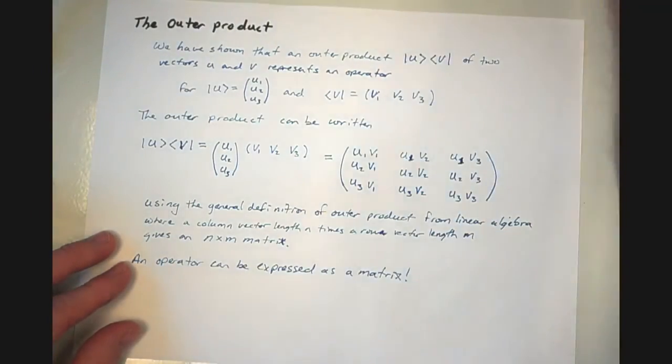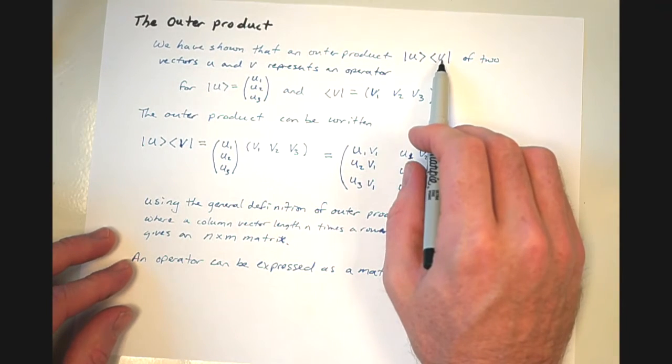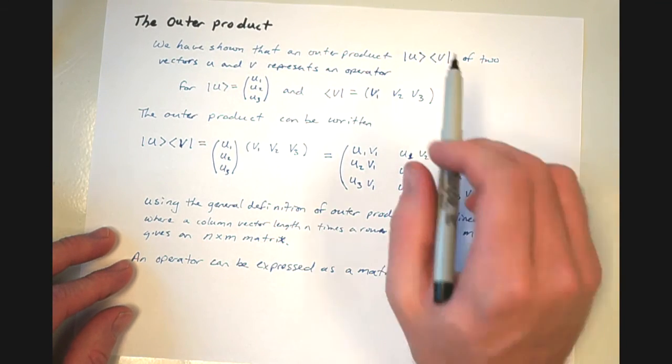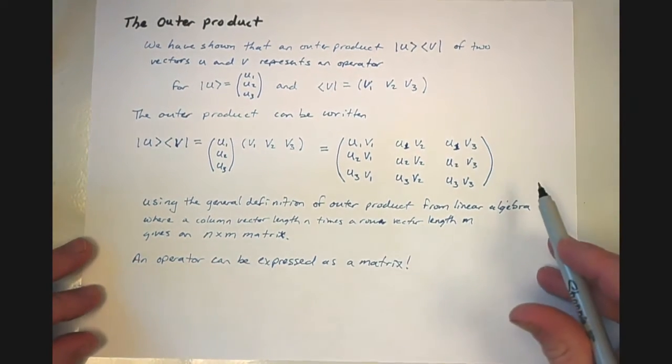So we have shown that an outer product of two vectors can represent an operator.